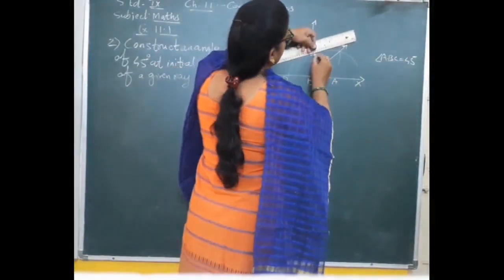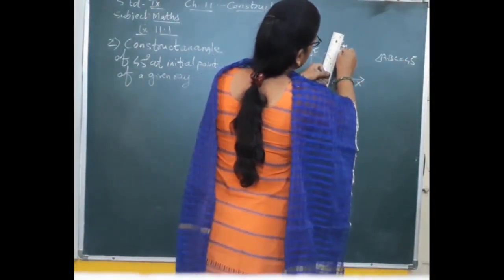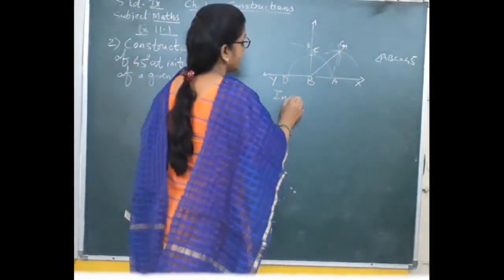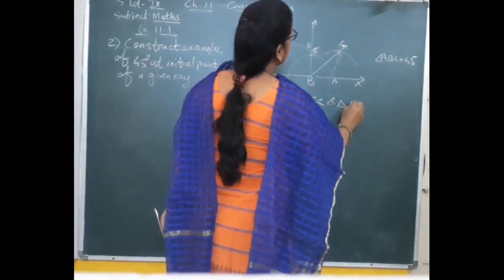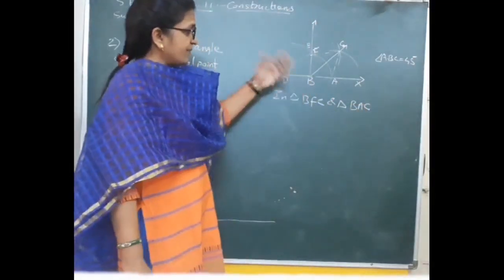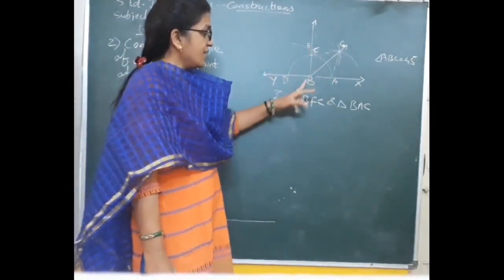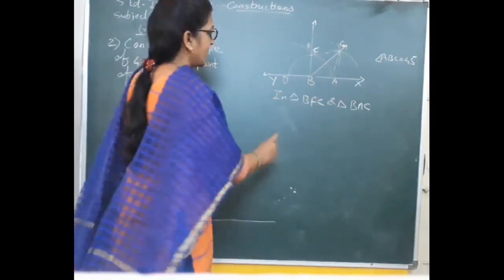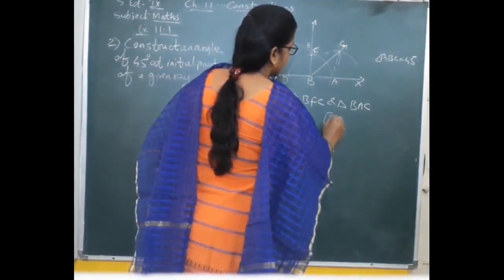For justification, draw these two lines. Now in triangle BFC and triangle BAC, we already saw in the previous construction that angle BAF is 90. So now in triangle BFC and BAC, BF is equal to BA, same radius arcs.